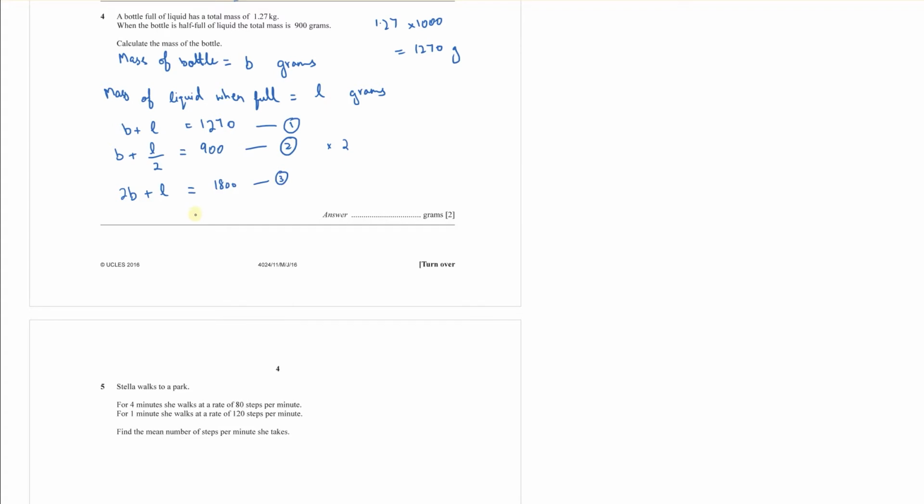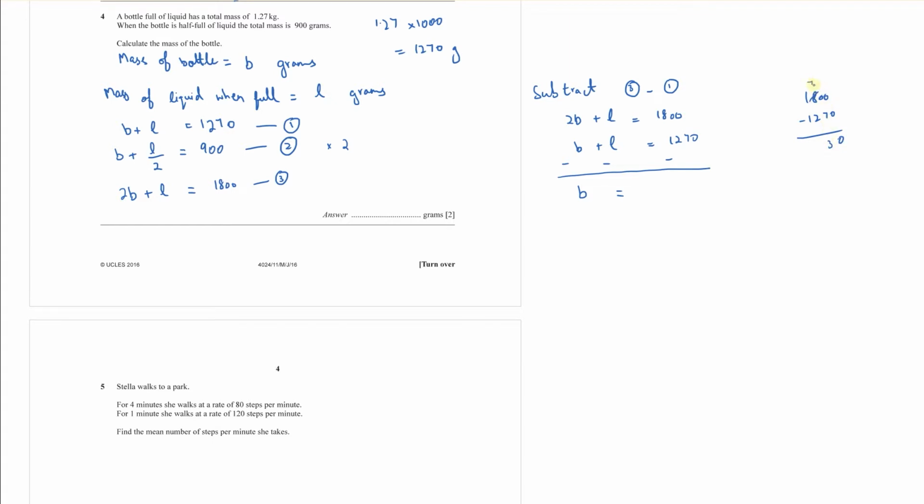Then subtract the first equation from equation 3. So 2B plus L equals 1800, and the other equation is B plus L equals 1270, and you subtract. 2B minus B is B, L minus L is 0, so they cancel out, and then 1800 minus 1270.